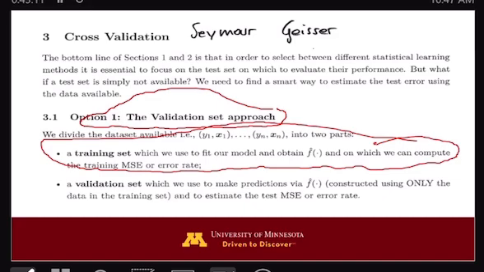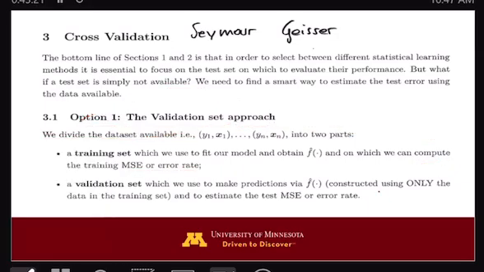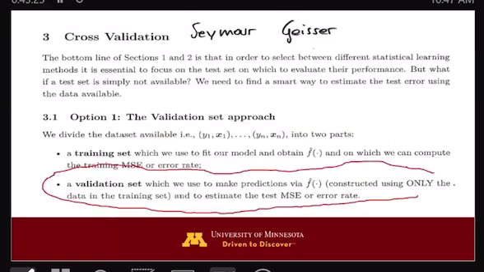If it is a classification problem, it's going to be the misclassification error rate that we're going to find. Now, the model we have trained, we now want to validate its performance on the other group, and we're also going to estimate the mean square error for a prediction issue, and of course the misclassification error for a classification problem.